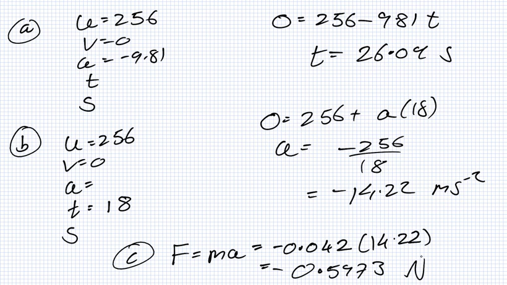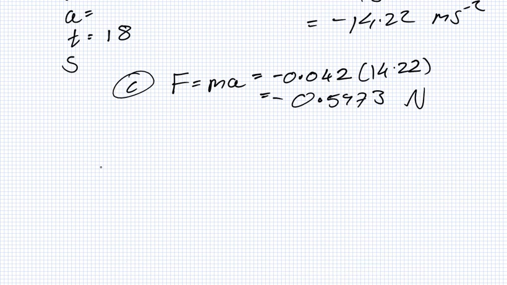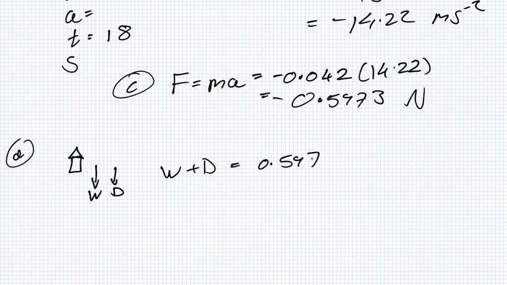What was the value of the drag force on the bullet on the way up? If we're looking at the bullet on the way up, there are two forces acting on it, the weight and the drag. These two forces together make up 0.5973.